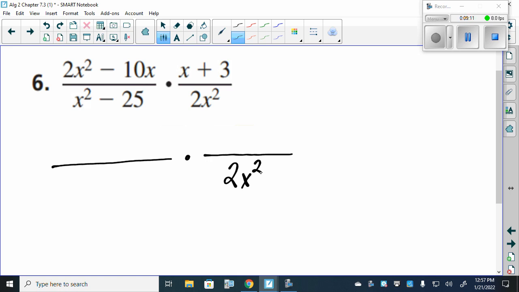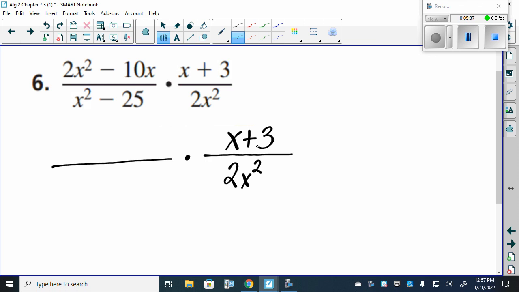Can we do anything with the x plus 3? No. So we can put both of those down because there's nothing we can do with those.